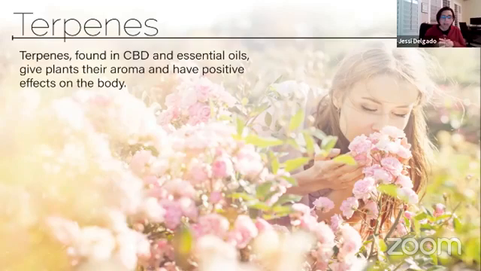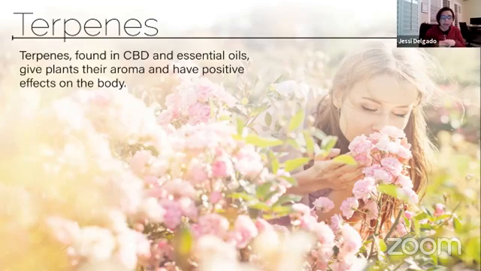There are several known and studied terpenes that exhibit different medicinal effects. Overall, terpenes contribute to the medicinal properties of cannabis. It's a phenomenon known as the entourage effect. Think of a team of players versus a single player. The team is the entourage effect of the terpenes plus the cannabinoids.